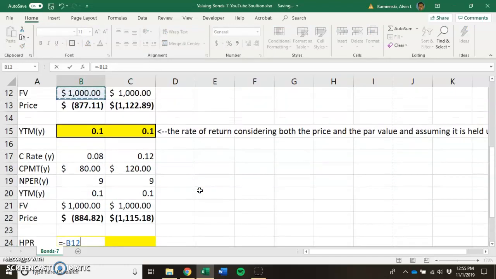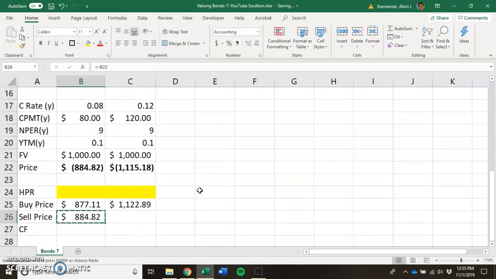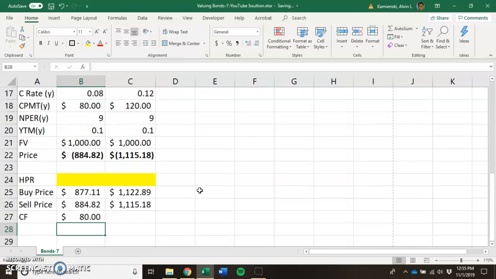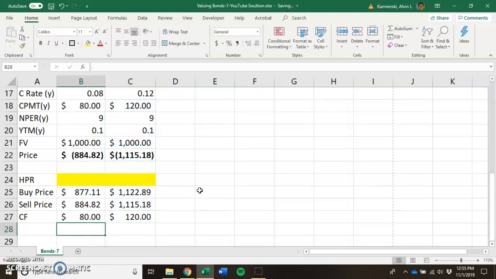So we originally bought at $877 Bond 1 and $1122 Bond 2. We sold Bond 1 at $884, and Bond 2 we sold at $1115. Bond 1 paid us $80. Bond 2 paid us $120.